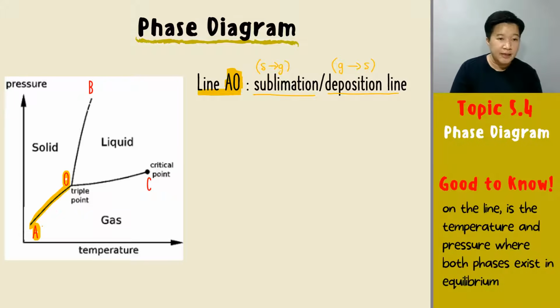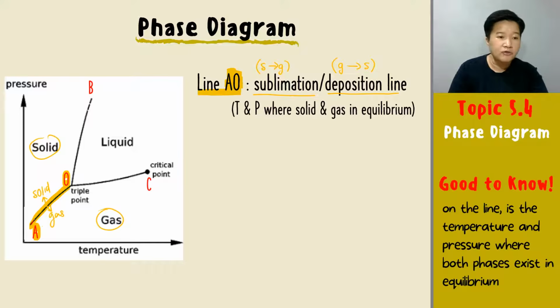Because between A and O, the phases that we have are your solid and your gas. So this line is the changing between solid and gas. That's why line AO is your sublimation or deposition line. And on that particular line, the temperature and pressure are where the solid and gas exist in equilibrium.